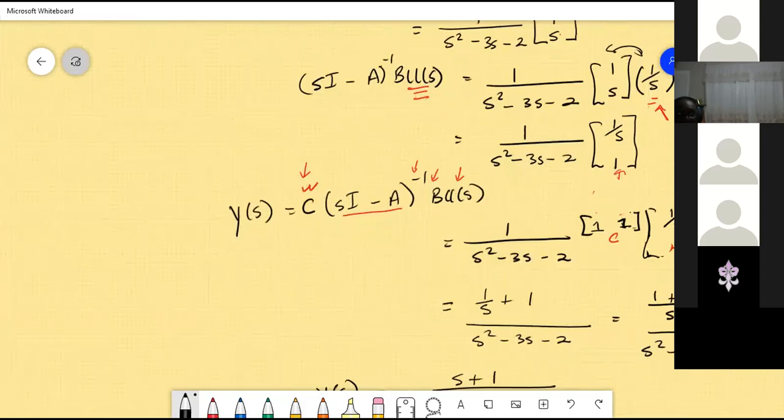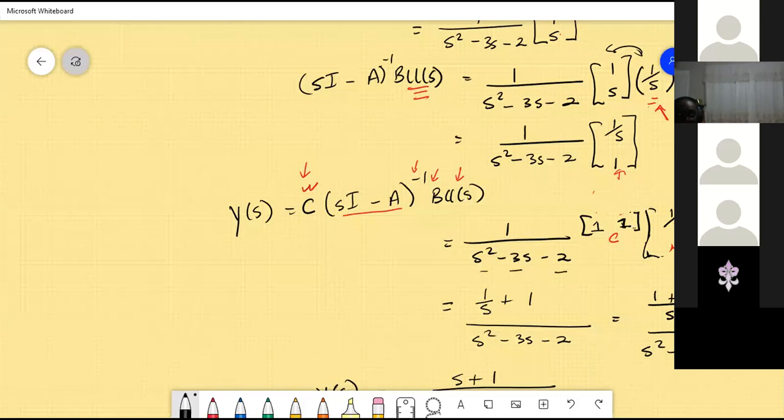So now I multiply and I get 1 over s. 1 times 1 over s is 1 over s, and 1 multiplied by 1 is 1. So that's why I get 1 over s plus 1 over the s squared minus 3s minus 2.